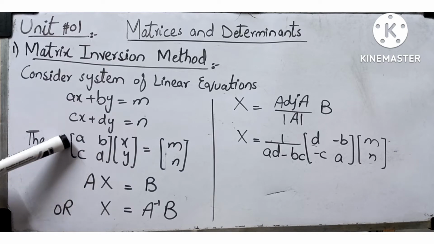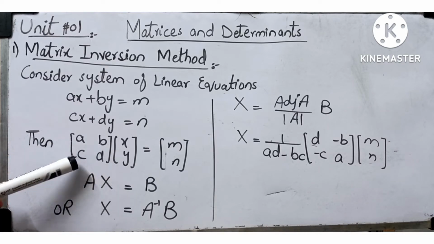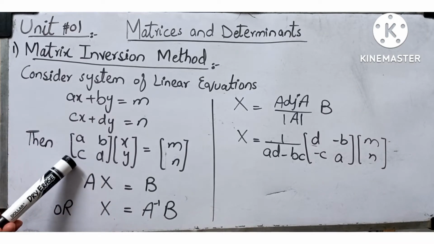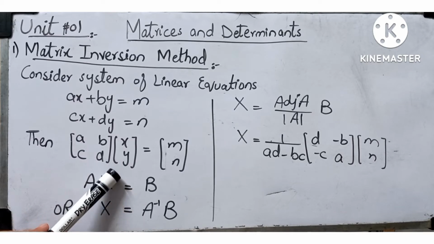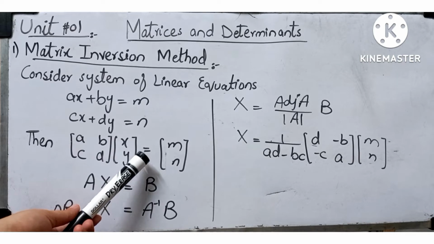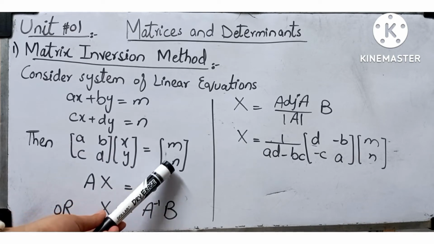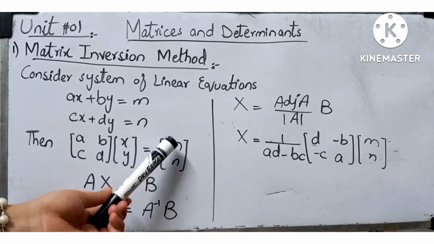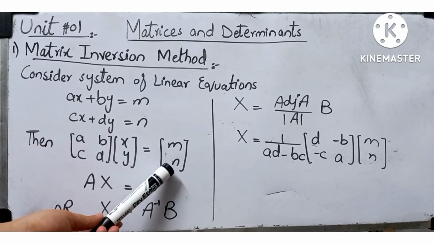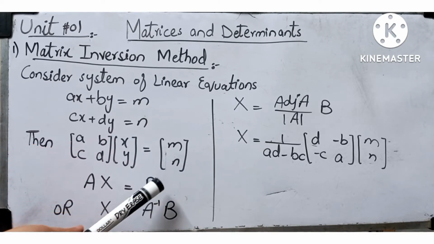The next matrix is the matrix of variables, x and y, and it is equal to the constants on the right hand side, m and n.